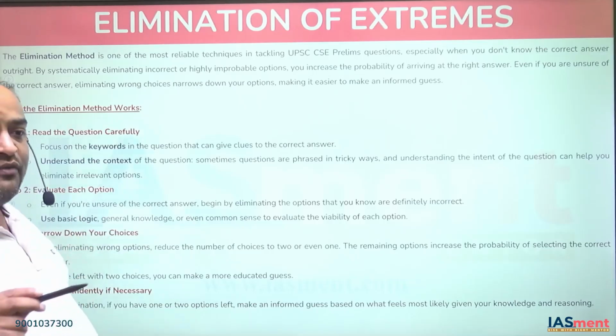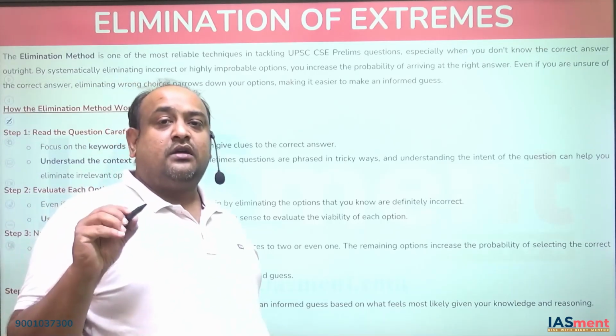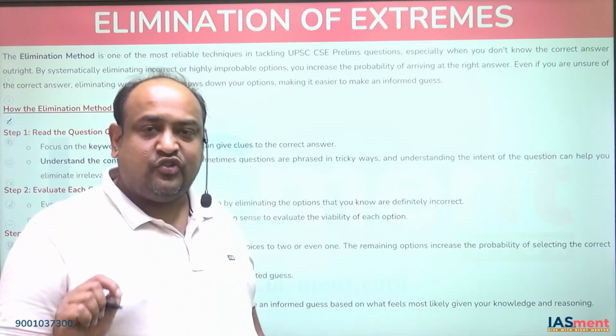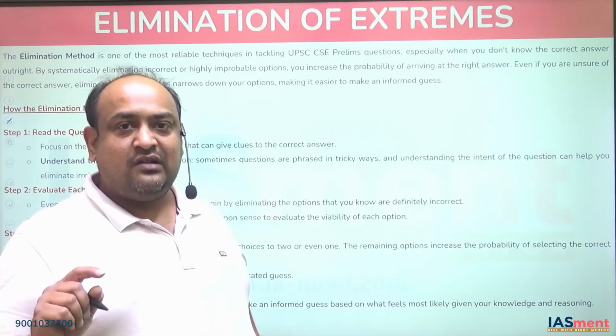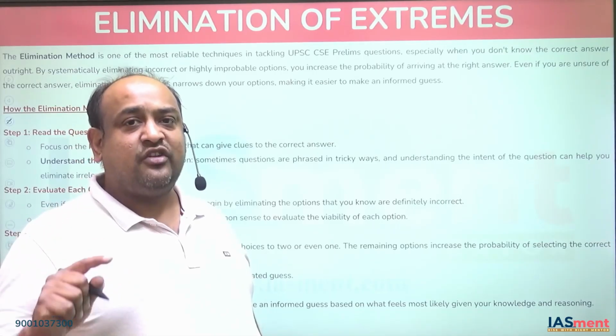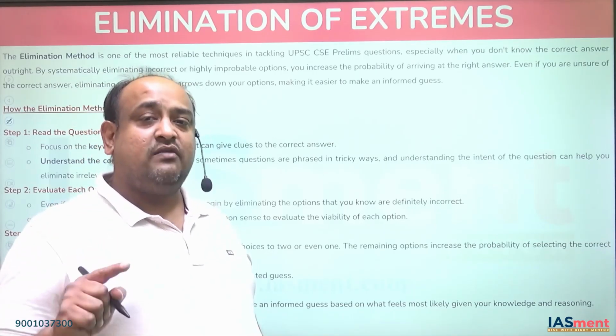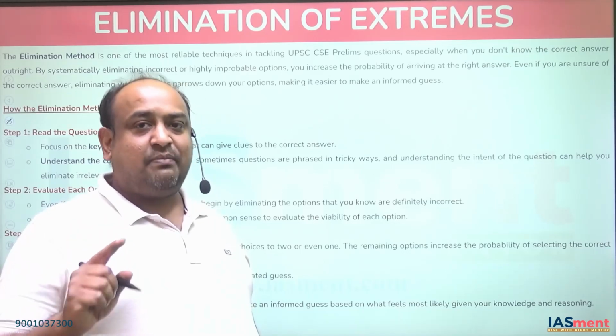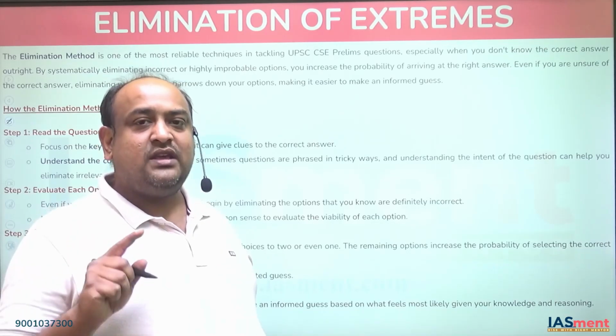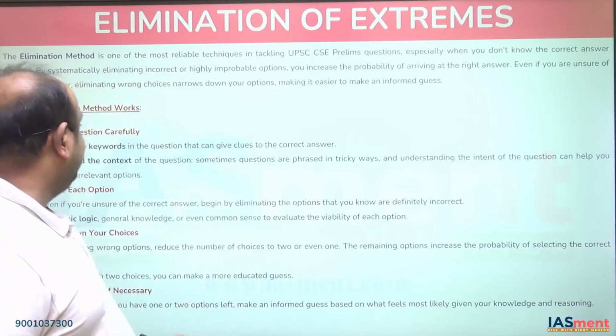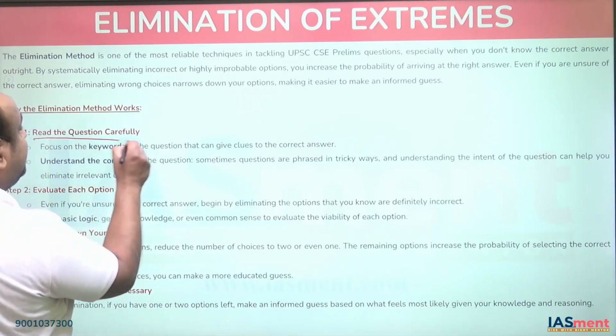First and foremost, whether that question falls under the technique of elimination or not, the first step is common for all the 100 questions, and that is: read the question carefully.